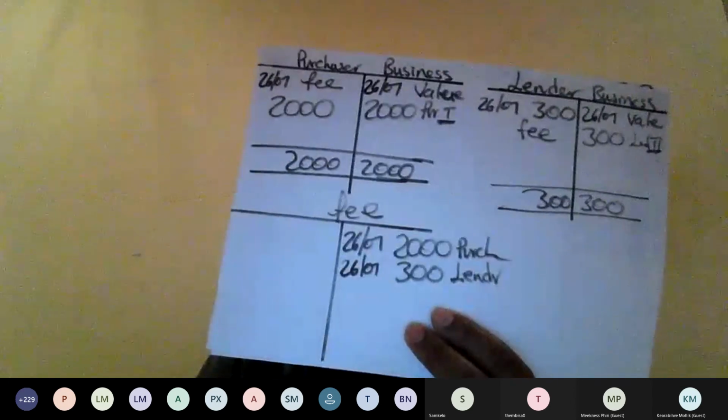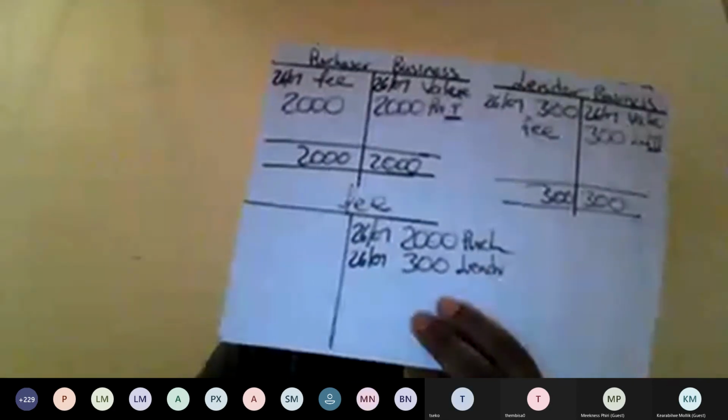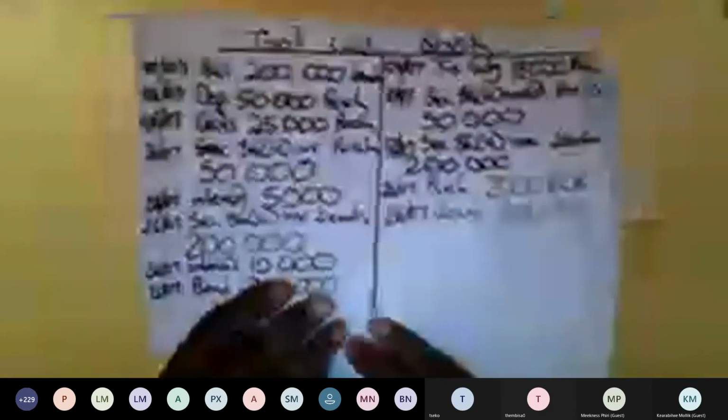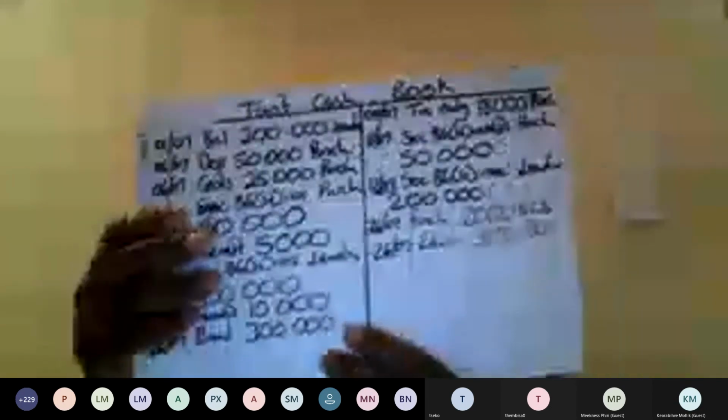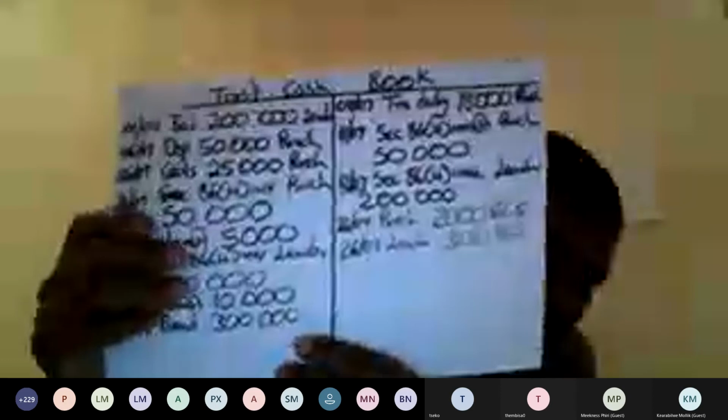With the same amount in 7.1, you are going to credit your trust cash book. Therefore, lender, 300 rands, and then you are going to debit your business cash book. Then you go to your trust cash book on the credit side.